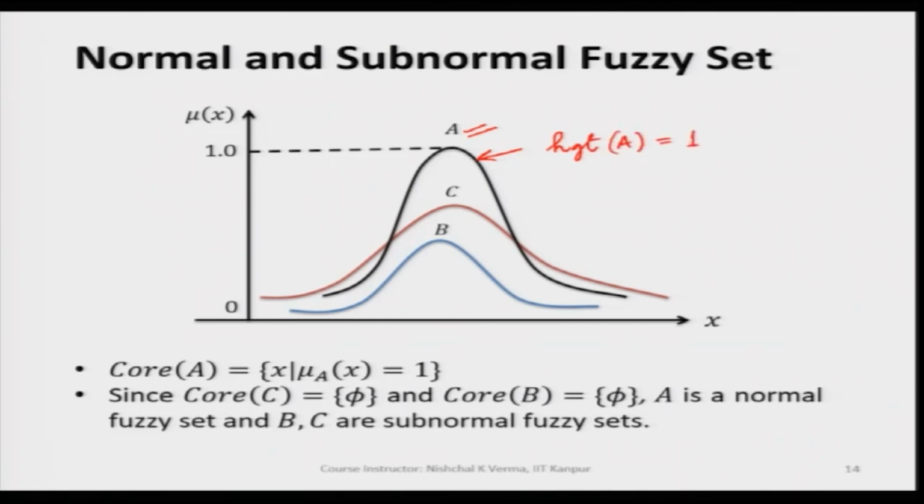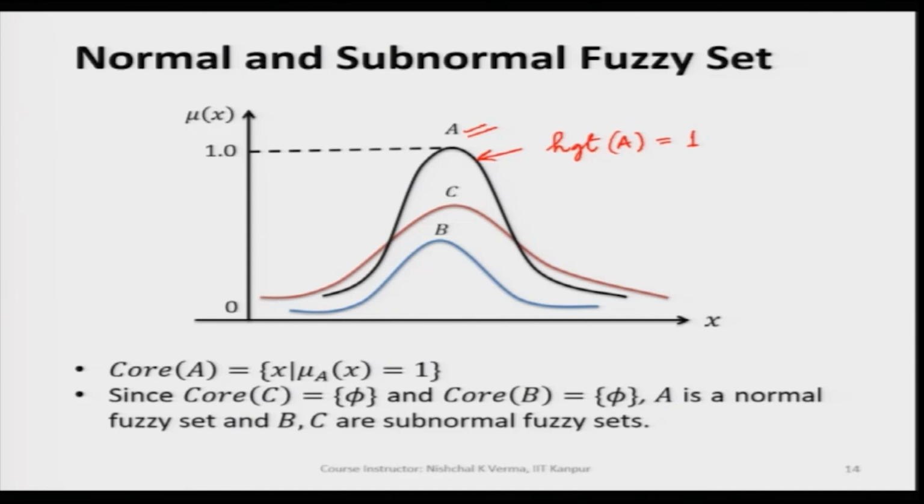So, it means fuzzy set A reaches up to 1, and the maximum of all the membership values is 1. That is why we can say the core of this fuzzy set is non-empty.